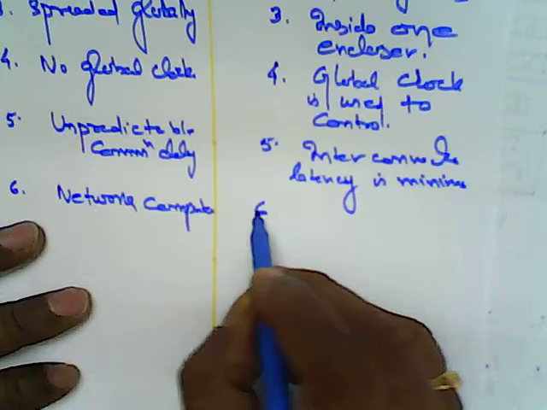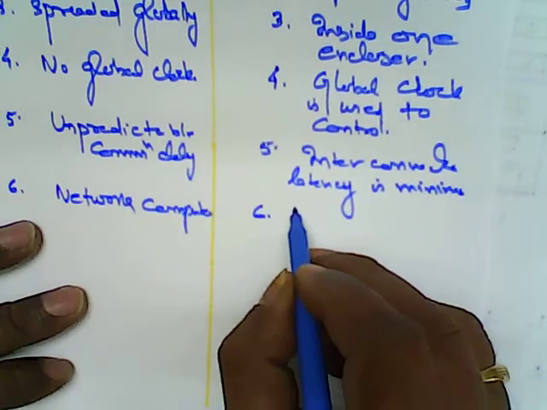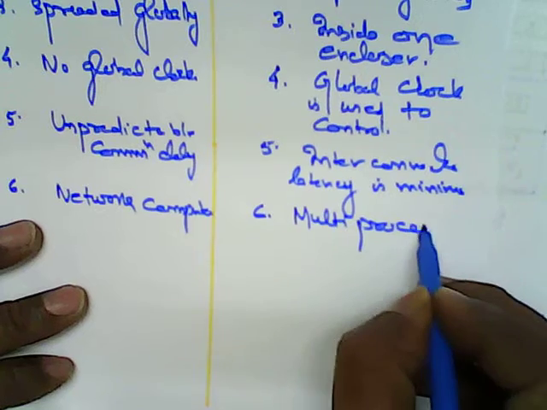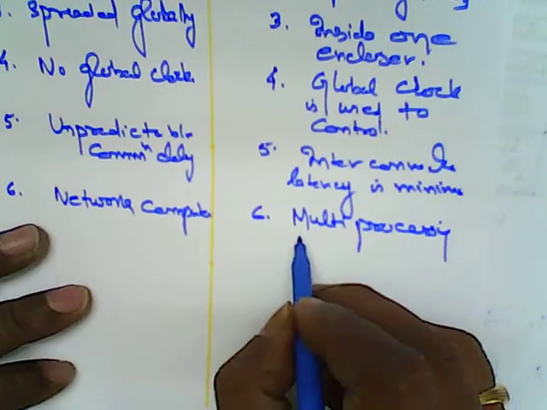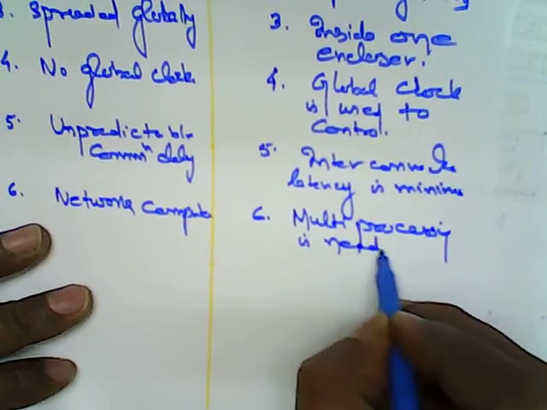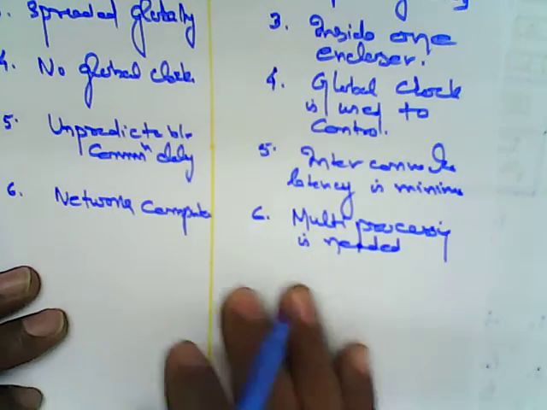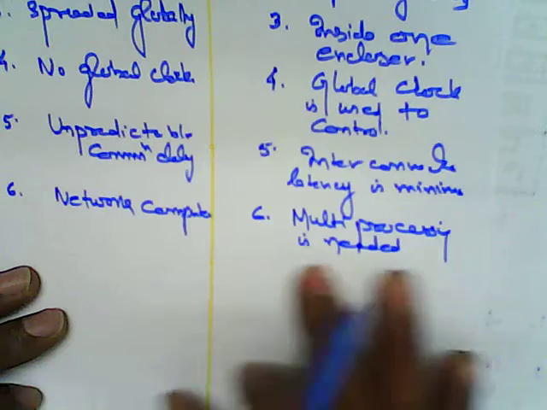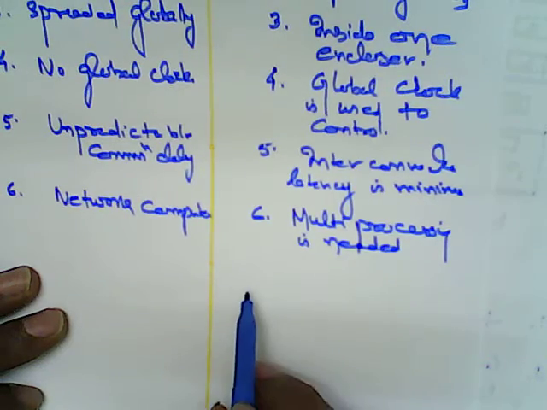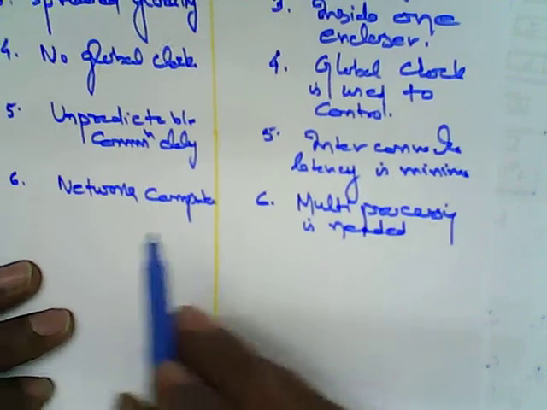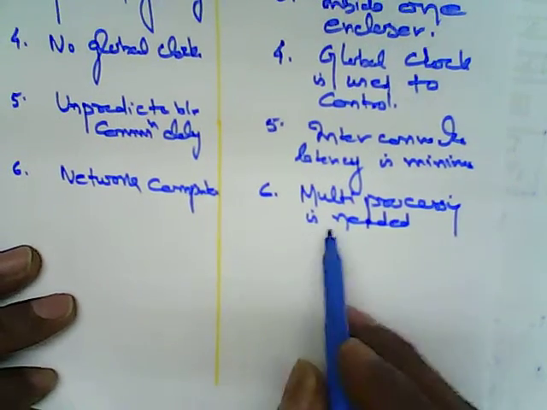Whereas this one is used wherever multi-processing is needed. We have already discussed that multi-processing is needed when we are given multiple tasks: MP3 running, MP4 running, web browsing, MATLAB running, Python running. All these things, where a single CPU is not capable, multi-processing will be able to handle.